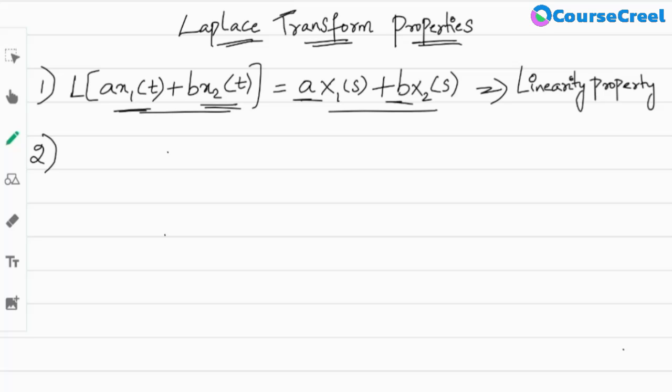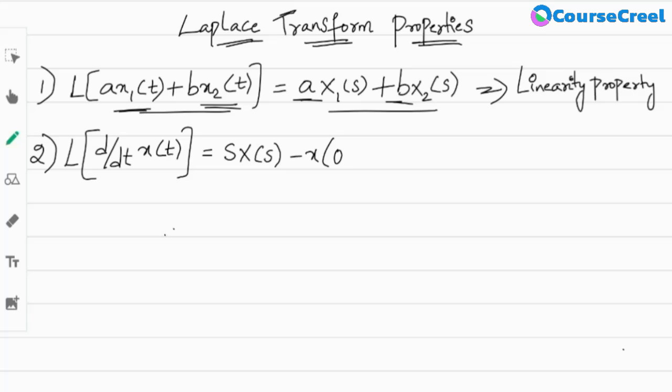Next property is the derivative property of Laplace transform. It states that Laplace transform of dx/dt, that is the first derivative of x of t, is equal to s into x of s minus x of 0 minus.